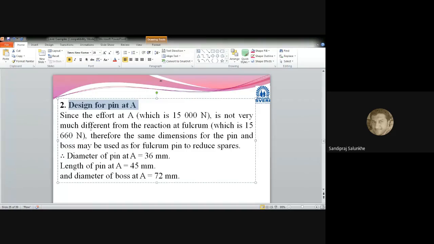Okay, so let me cover this part also, the design of the pin at point A. As the loads at A and F do not differ much, the load which we have calculated at point A is 15,000 Newton, whereas the load which we have calculated at point F is 15,660 Newton. The only difference is 660 Newton. That's why we have considered the same dimensions of the pin at point A also.